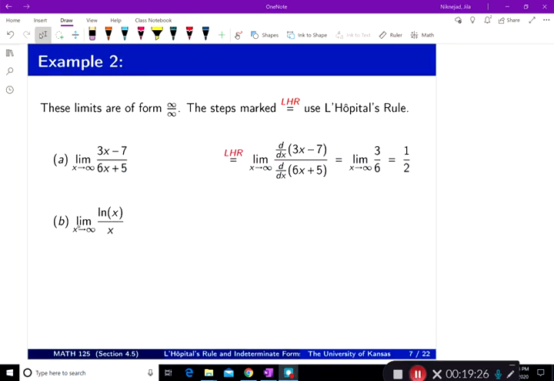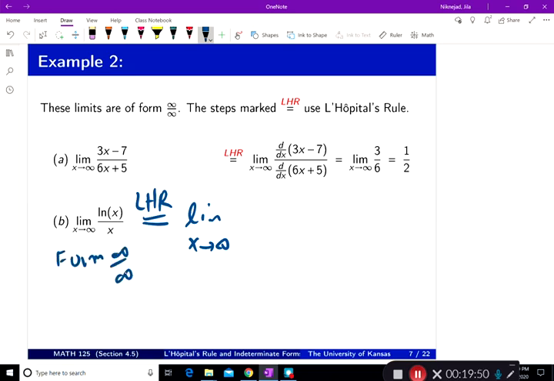Now, how about limit of natural log of x over x? And this one, I don't have any other method, so let's just use L'Hopital rule directly. So again, limit as x goes to infinity. The one thing that I didn't write down is the form is infinity over infinity.